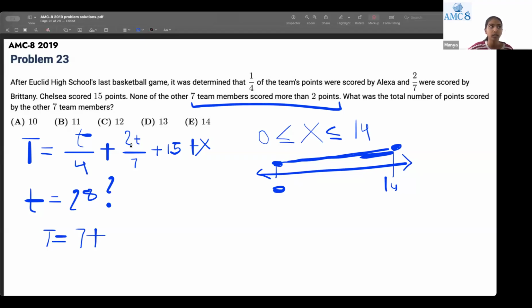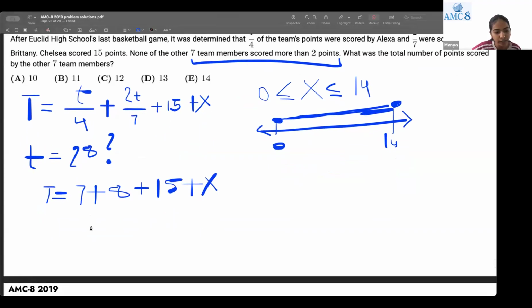So if we do that, then we're going to get 56 by 7, which is equal to 8, plus 15 plus x. And so we'll be getting 30 already. 30 plus x, we don't know the value of x. So 30 plus x is already greater than 28. Since x cannot be a negative number, x has to be less than... No, sorry.